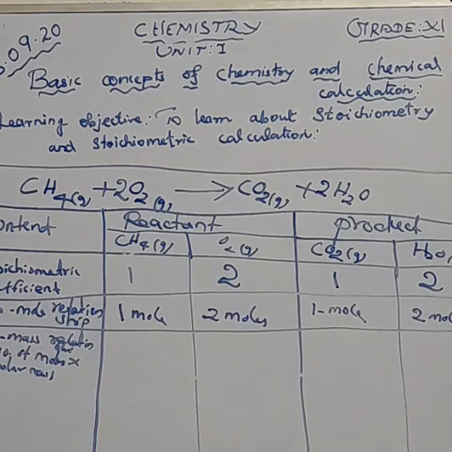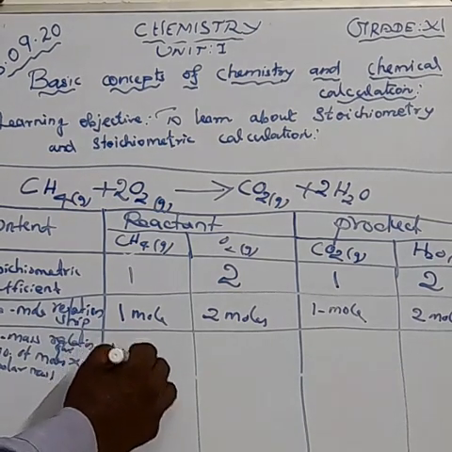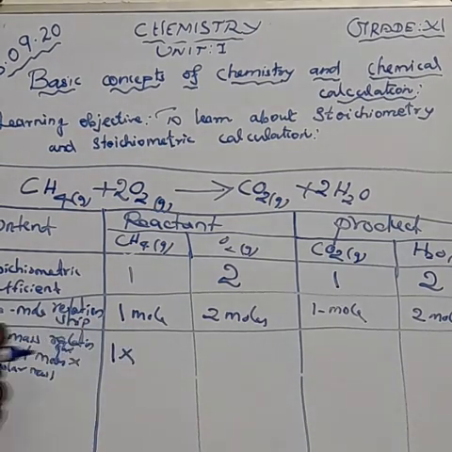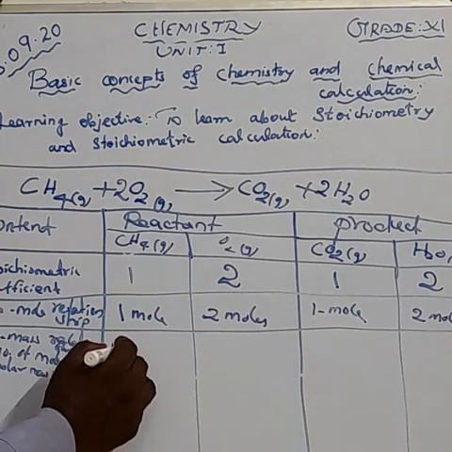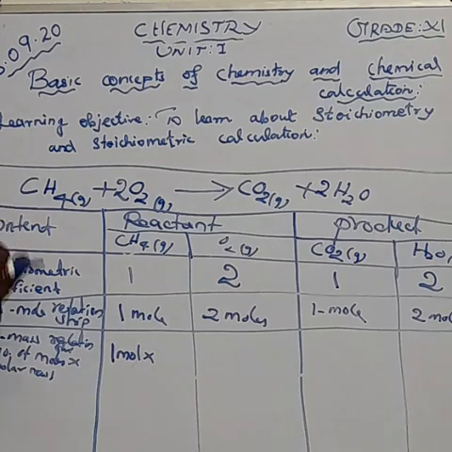That means here, the number of moles for methane is 1. So 1 mole into what is the molar mass of methane? How can you find the molar mass of methane?